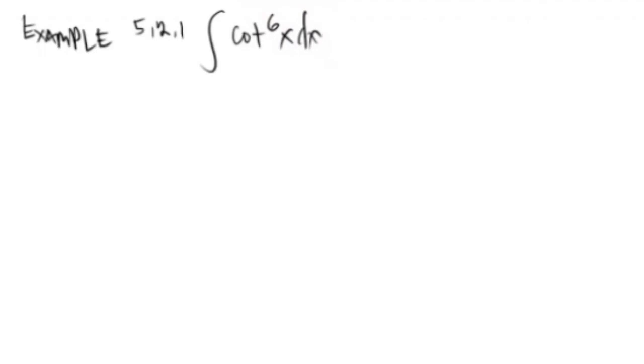Okay, example 5.2.1, we have here the integral of cotangent to the 6th of x dx. So according to the rule, we have to express the cotangent to the n in terms of n minus 2 multiplied by cotangent squared x dx. So we factor out the cotangent squared.